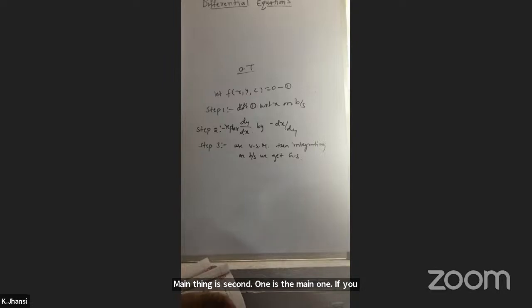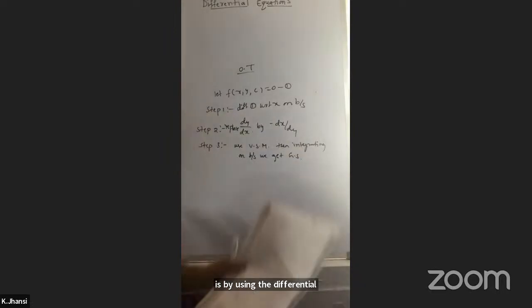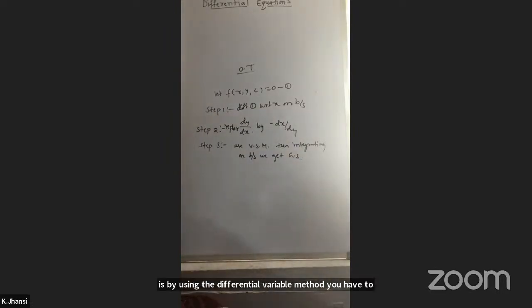So first is differentiating the given equation, second is replacing dy by dx by minus dx by dy, and third is using the variable separable method, separating the variables and then integrating. Then you will get the answer.